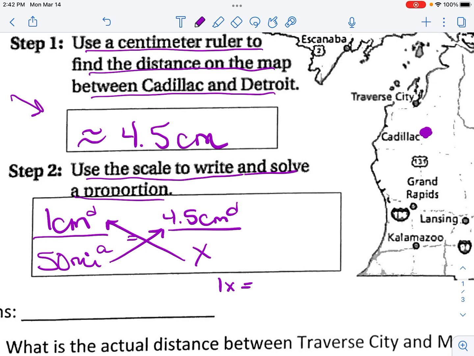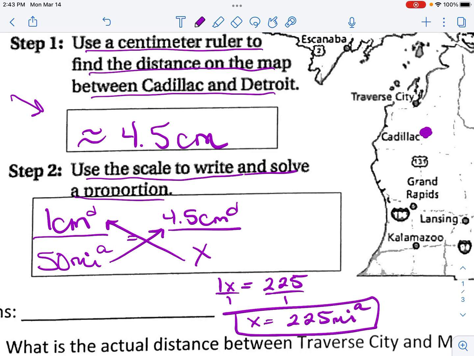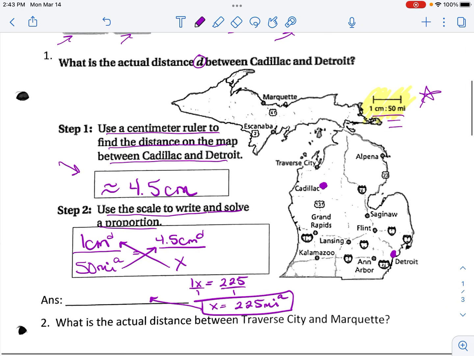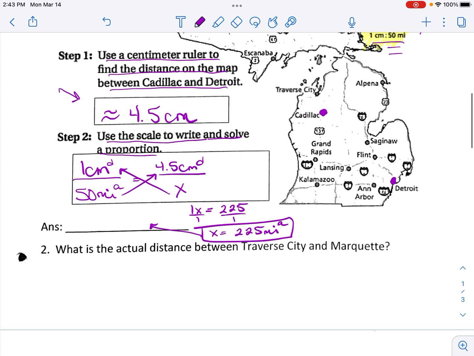You are allowed to use your calculator. You get 225. So that'll be your answer. 225 miles is the actual distance. That is how we're going to solve those.